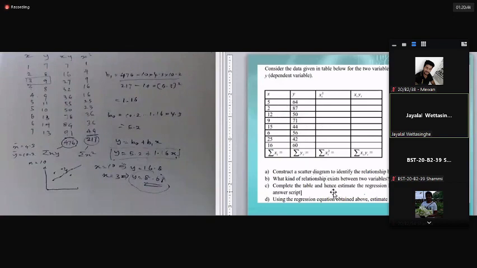Then later we can do this one. No need to complete the table. Now you can do that. Just draw the scatter diagram and tell me the relationship.